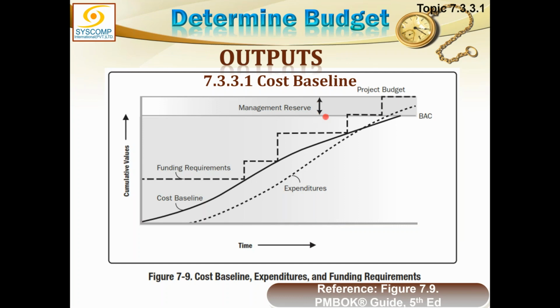The line below management reserve is BAC. From bottom till this point is the BAC, budget at completion. So this is the total money which is supposed to be run on the time phased budget. Time phase budget means all the activities of this project will be done in BAC. But on top of that, management reserve is there, and that could also be allocated to you in case you could not complete it in BAC.